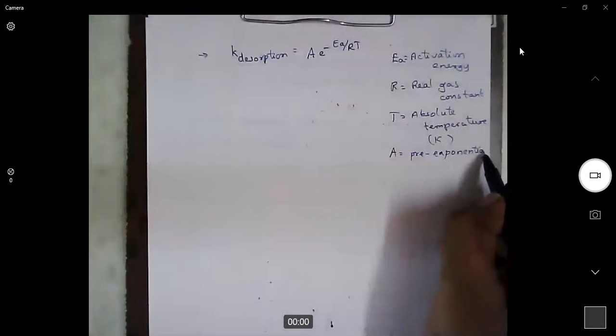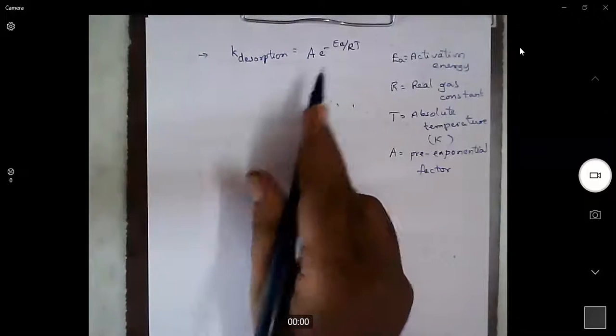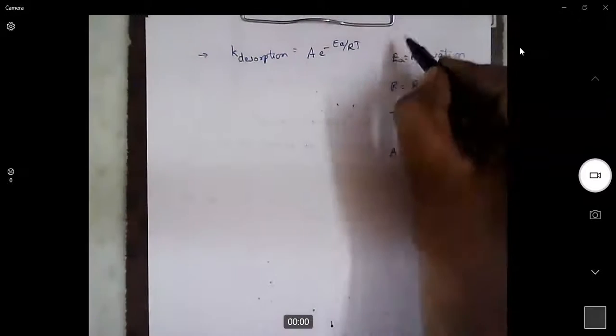Here A is a pre-exponential factor. K desorption is equal to A into e power minus EA by RT.